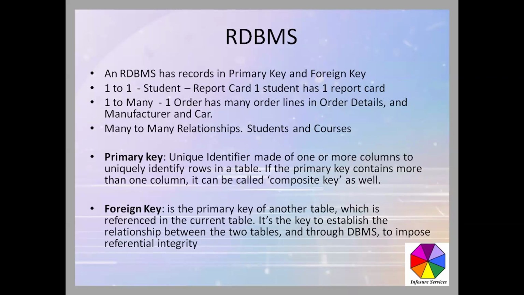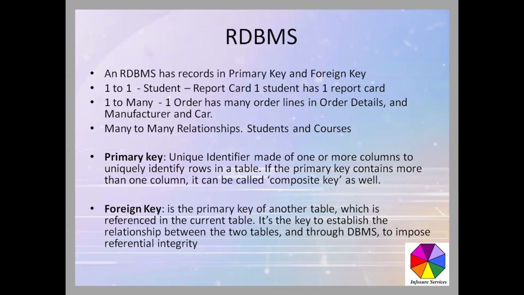So examples: an order will have many order lines. Students and courses is a many-to-many relationship. One student can be in many courses, and a course can have many students. So that's a many-to-many relationship.